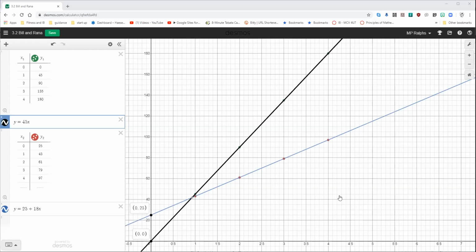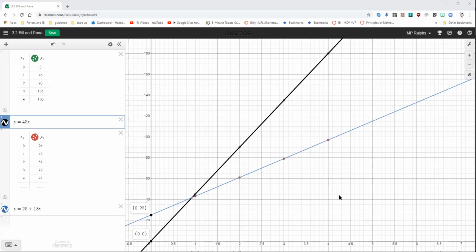So the dependent variable is also 0. Okay, so those are 3 different ways to determine whether it's direct or partial variation. Direct variation has a graph that goes to the origin, and the table of values that has 0, 0, and the equation that is just a multiple. Okay, all these things match up together.